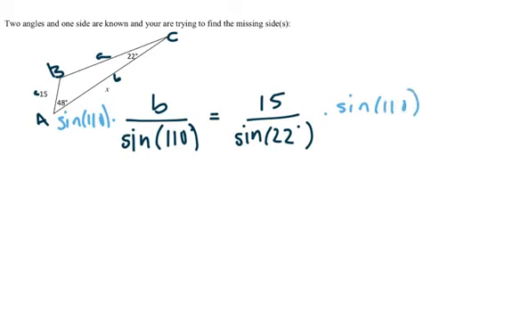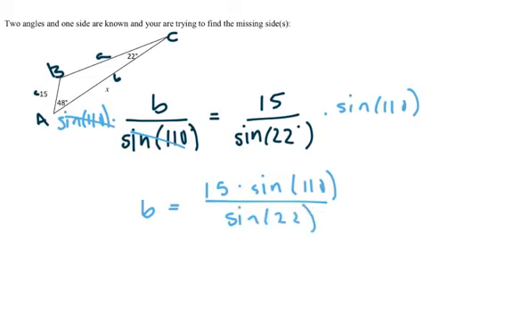So notice on the left-hand side of the equation, sine of 110 degrees will cancel, and that will just leave us with B. Now we have 15 times sine of 110 degrees all over sine of 22 degrees. And at this point, this is now a calculator problem. We just plug this into our calculator and it will tell us the length of side B.